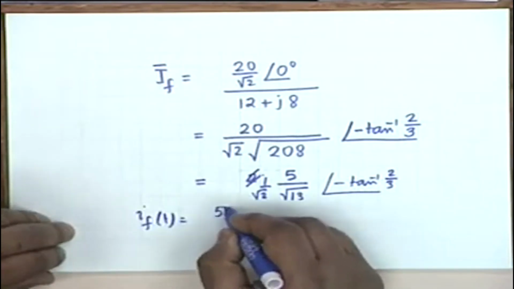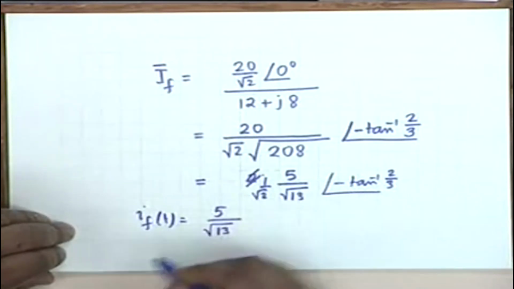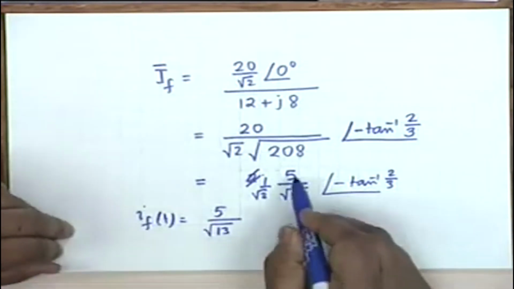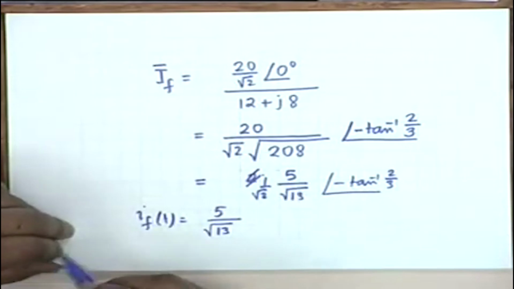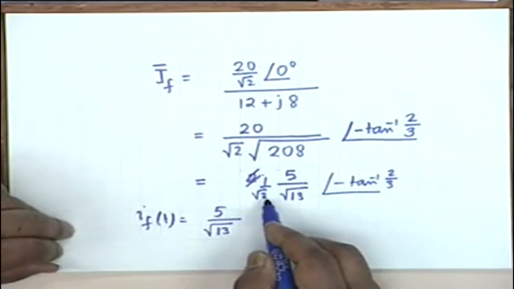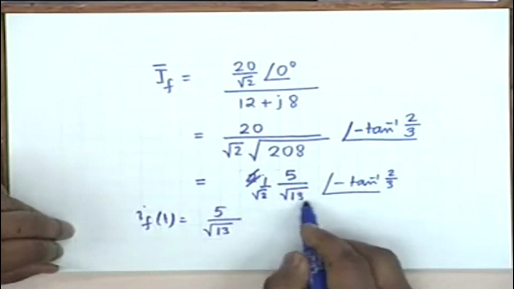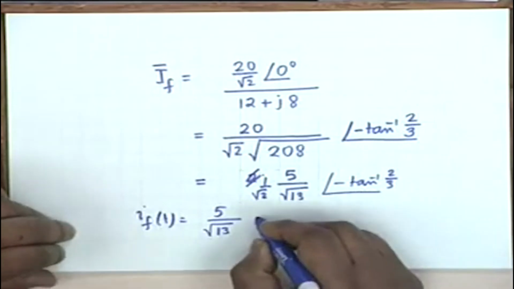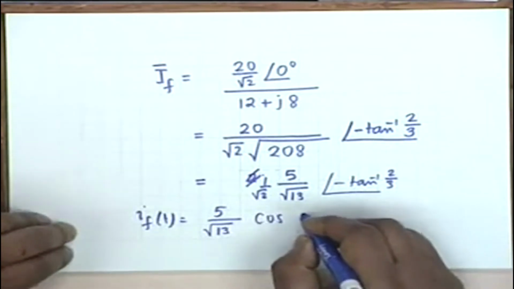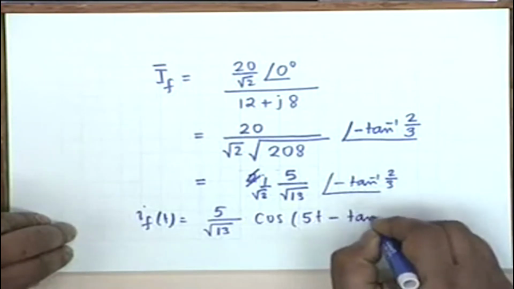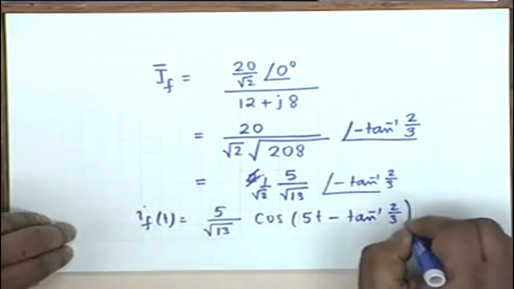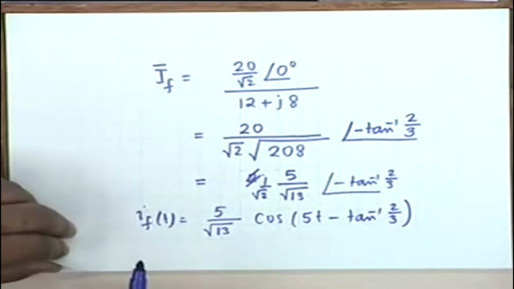Yes, it would be 5 by root 13. You must multiply this by root 2. That's why I didn't absorb root 2 in this quantity. Then cosine of 5t minus tan inverse 2 by 3. This is the forced response.